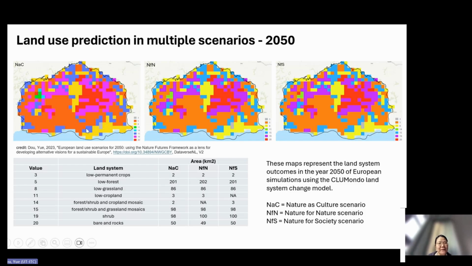We used IPBES's Nature Futures framework to prioritize protected areas under three scenarios: nature for nature, nature for society, and nature as culture. But for small areas like here, we don't see much change, and most of the land systems we see currently will remain, maybe with small area changes. But the climate change stress will definitely be more significant.